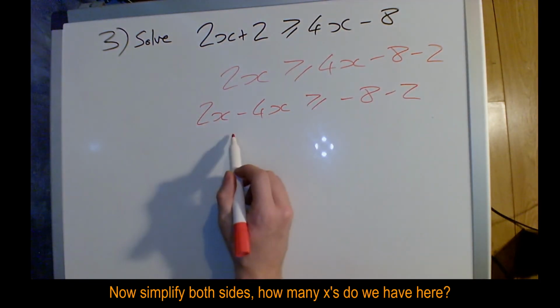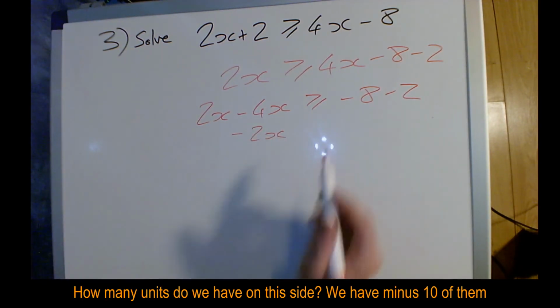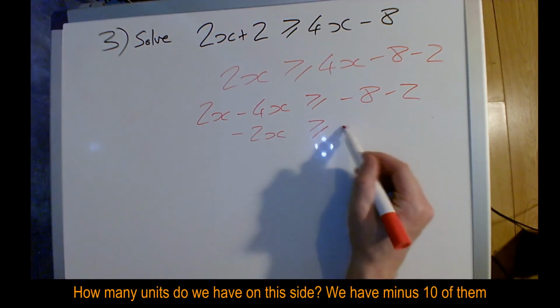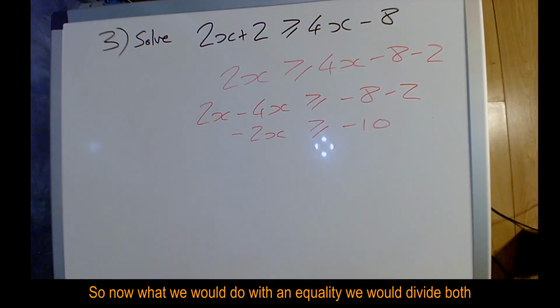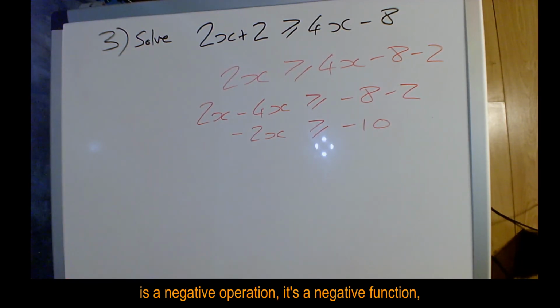How many x's do we have here? We have minus 2x of them. How many units do we have on this side? We have minus 10 of them. So now what we would do with an equality, we would divide both sides by minus 2. But dividing by minus 2 is a negative operation. It's a negative function.